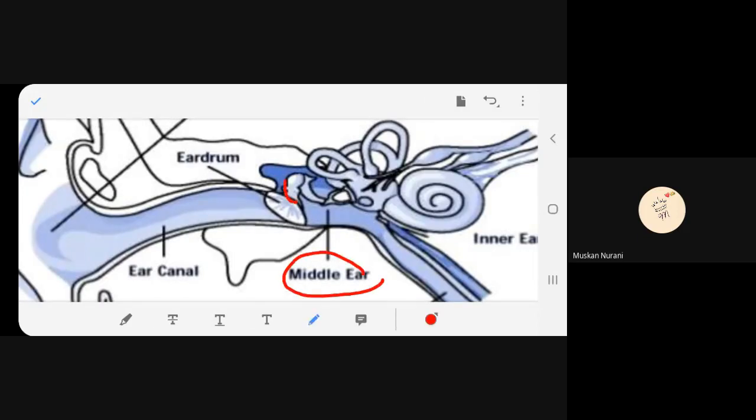Now, the middle ear is made up of these three small bones. I will do the detailing in the next slide. There are three small bones which make the middle ear. From there, it goes to the inner ear. You see this? Inner ear. From the inner ear, it goes to the auditory nerve. The auditory nerve reaches the brain, and the brain interprets where I'm getting the sound from. What is the source of the sound? Is it clear? Yes, ma'am.